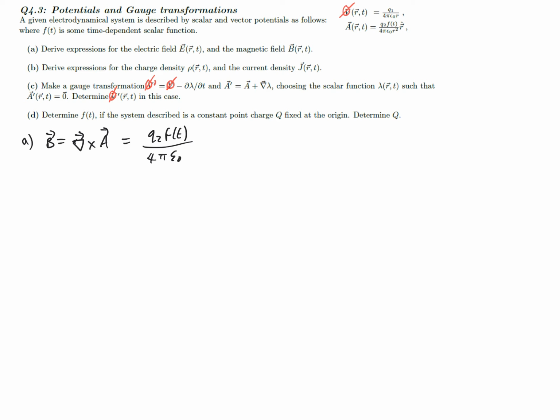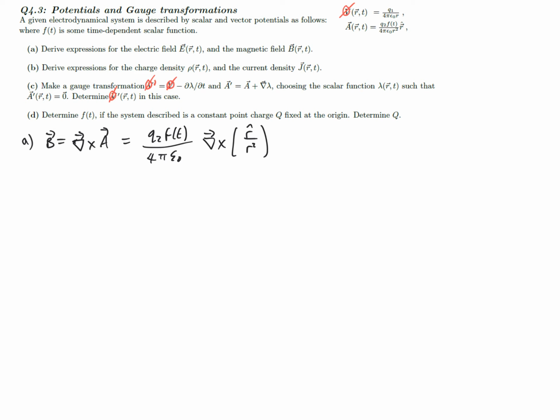They're just the constants, and note that we're taking the curl, that's something that refers to spatial derivatives, so f of t is blind to that, it's just something that depends on time. So in the end, we're just really taking the curl of r hat upon r squared, and that's a classic result that we've come across before, and it's equal to 0.